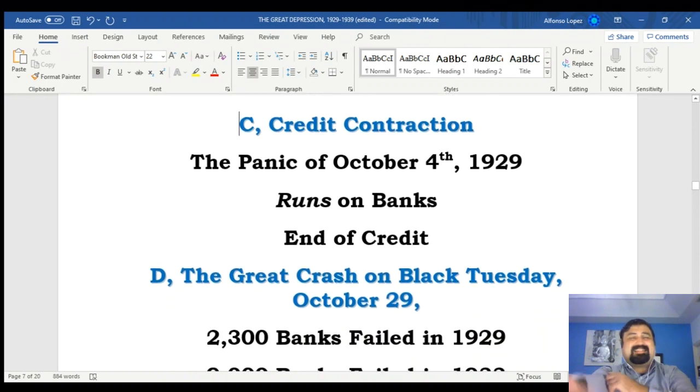And with that, again, inevitably, this is going to lead to credit contraction. Okay, credit contraction. Why? Well, because many of the people that were laid off actually were defaulting on the loans. There were workers that had purchased certain products on credit and the like, and they were still making payments.